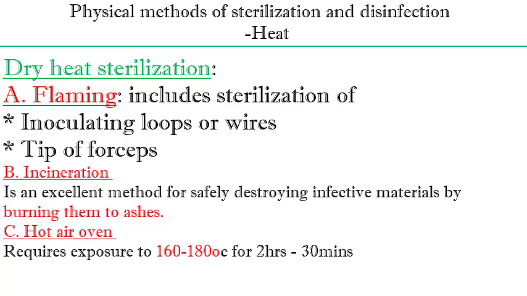The second dry heat sterilization is incineration. This is an excellent method for safely destroying infectious materials by burning them to ashes. It has many uses. Incinerators are used to carry out this process and are regularly employed in hospitals and research labs to destroy hospital and laboratory wastes.